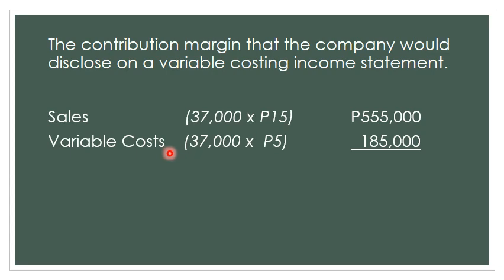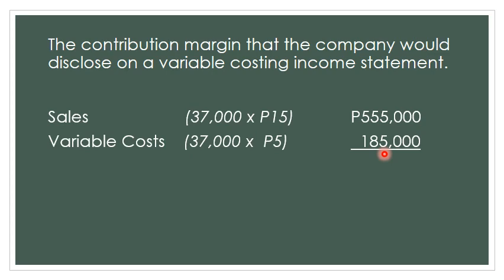So, sa given natin kanina, we have variable overhead or variable production cost na 4 pesos per unit, and we also have variable selling and admin na 1 peso per unit. So, kung i-add natin, 4 plus 1 peso is 5 pesos. Then, multiplied by the total sales na 37,000 units. So, we have a total of 185,000 variable cost.